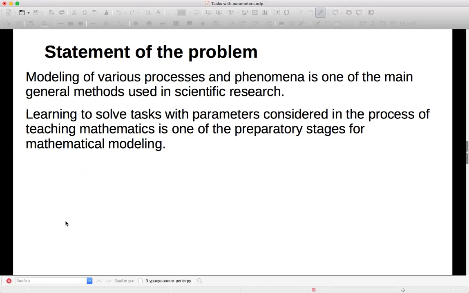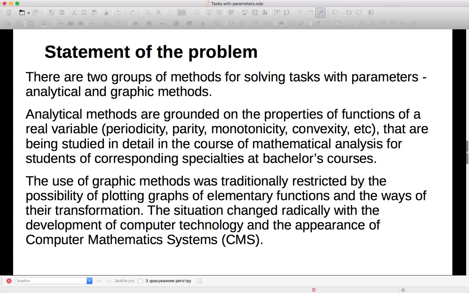Modeling of various processes and phenomena is one of the main general methods used in scientific research. Learning to solve tasks with parameters considered in the process of teaching mathematics is one of the preparatory stages for mathematical modeling. There are two groups of methods for solving tasks with parameters: analytical and graphic methods.